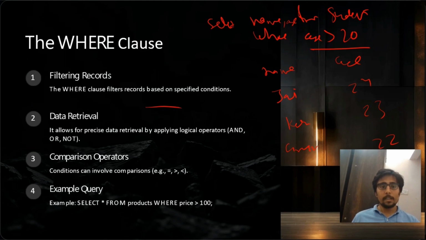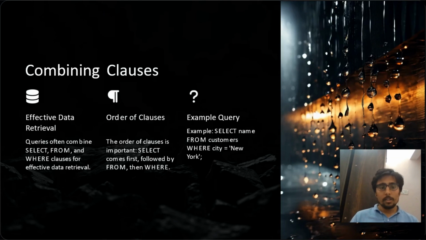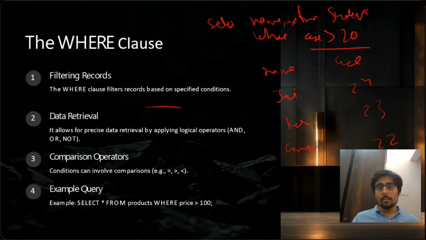And now let's directly come to combining clauses. Effective data retrieval queries often combine select, from and where clauses. We combine all these three for effective data retrieval. For example, you can see select name from customer where city is New York. I gave one example here, where age is greater than 20, we have combined everything.